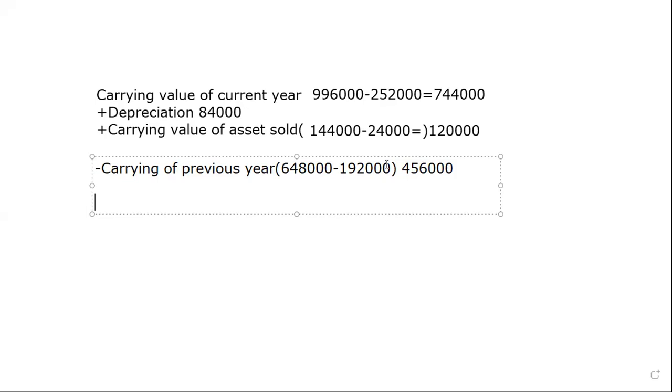What is the difference? So let's quickly show here. 744 plus 84,000 plus, I think it's 120,000, the carrying value of the assets sold, minus the carrying value of the previous year, 456,000.